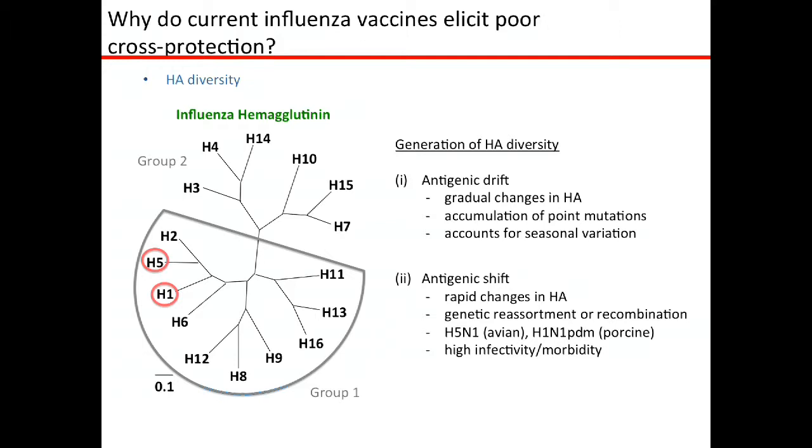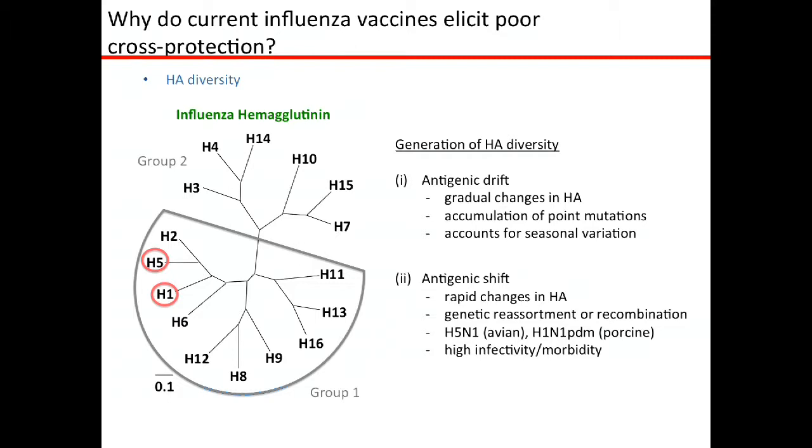The reason they are very diverse is that they have antigenic drift and antigenic shift. Just to go into that a little more closely, antigenic drift is the gradual change in the hemagglutinin. That's accumulation of point mutations, and this accounts for seasonal variations. This is essentially why we have to be vaccinated each year. Then we have antigenic shift, which is a rapid change through recombination or reassortment.